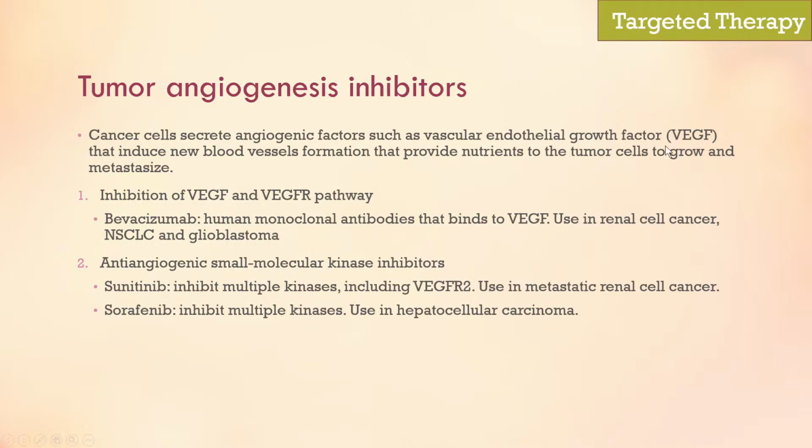Cancer cells secrete vascular endothelial growth factor, VEGF, that induces angiogenesis or the new blood vessel formation. So this will provide nutrients to the tumor cells to grow and metastasize. So some of the examples of tumor angiogenesis inhibitors are bevacizumab and sunitinib used in renal cell cancer, and sorafenib is used in liver cancer.